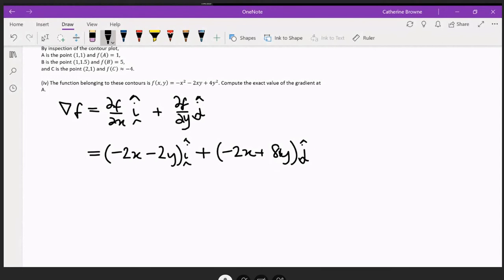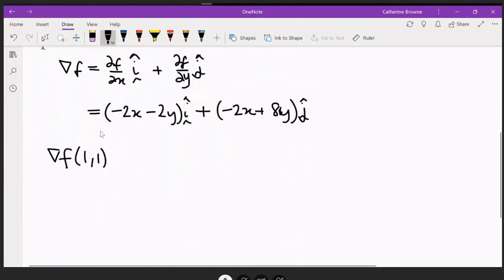So that's the gradient vector, but we want to find the gradient vector at A. So we want to find this at 1, 1, because that was where A was up here. So minus 2 minus 2 is minus 4, and minus 2 plus 8 is 6.